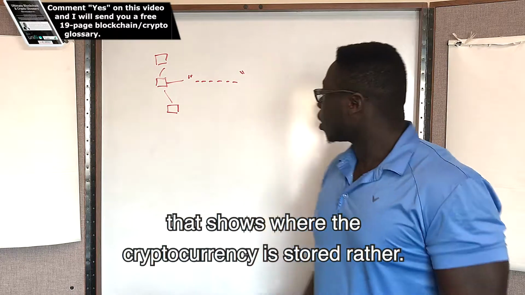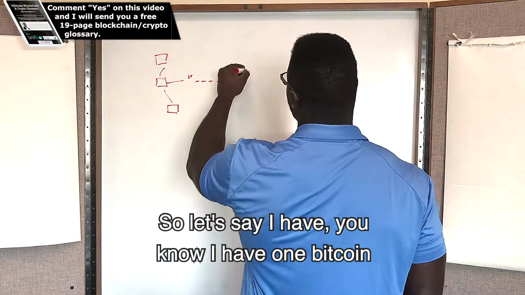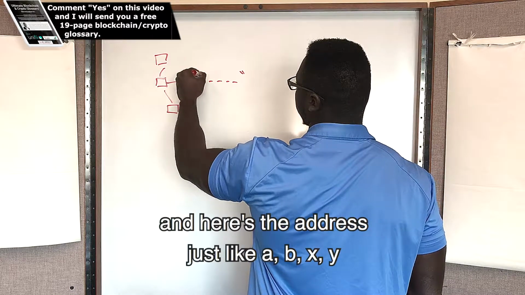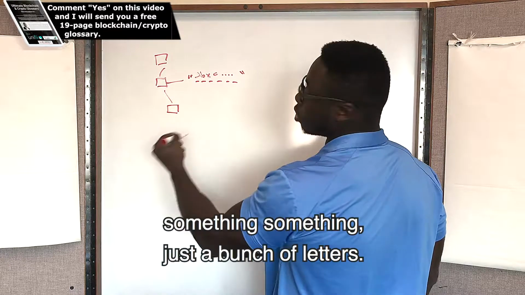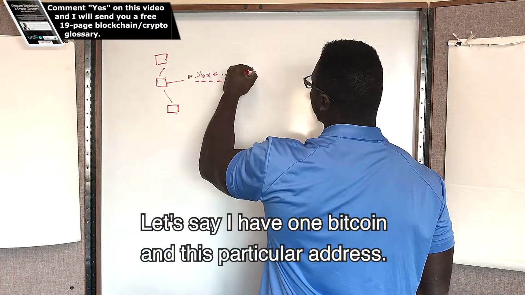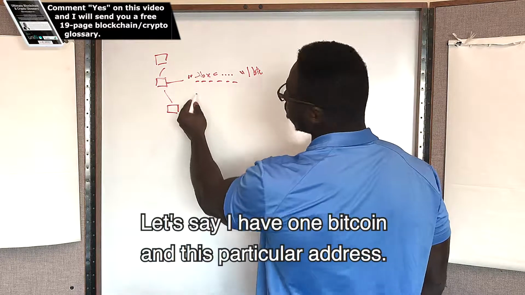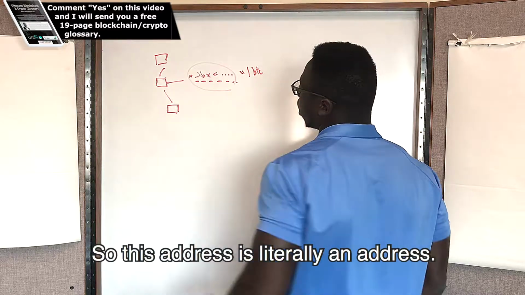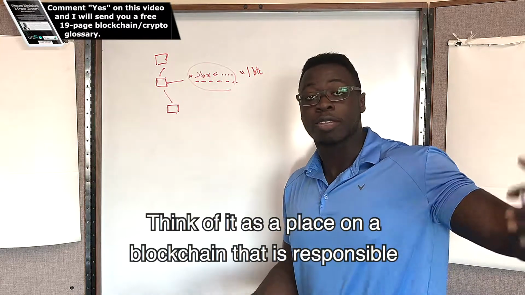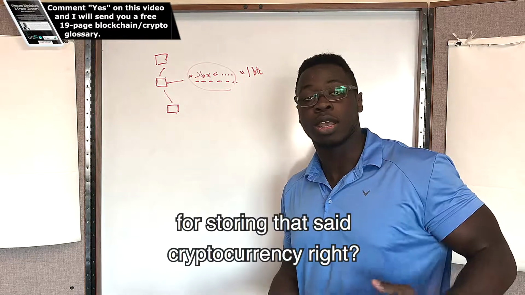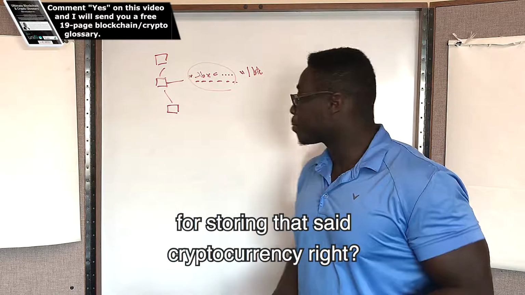So let's say I have one Bitcoin, and here's an address, just like A, B, X, Y, something, a bunch of letters. Let's say I have one Bitcoin in this particular address. So this address is literally an address. Think of it as a place on a blockchain that is responsible for storing that said cryptocurrency, right?